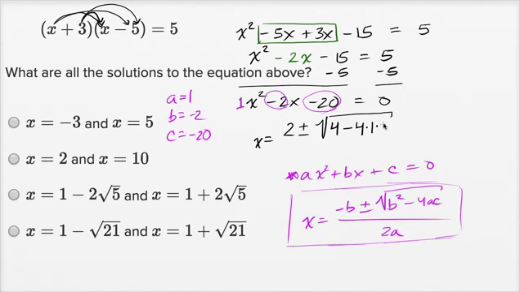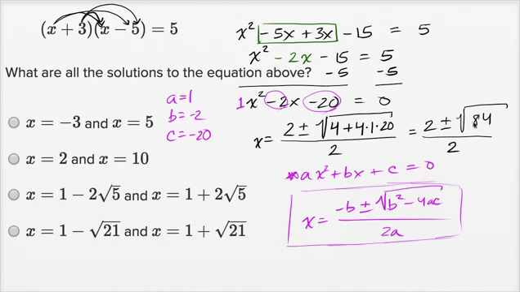So instead I'll put a 20 here, and since it's a negative 20 but I'm subtracting it, I could put a plus there. And then all of that over 2a. Well, a is just 1, so all of that over 2. So it's going to be 2 plus or minus the square root of 4 plus 4 times 20, which is 80, so the square root of 84, over 2.